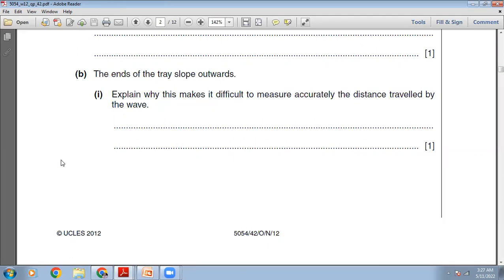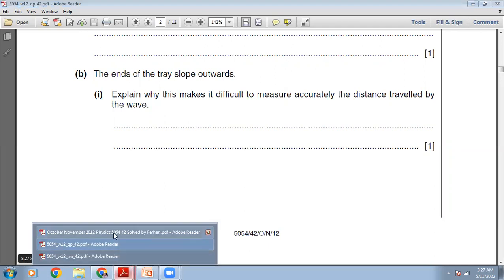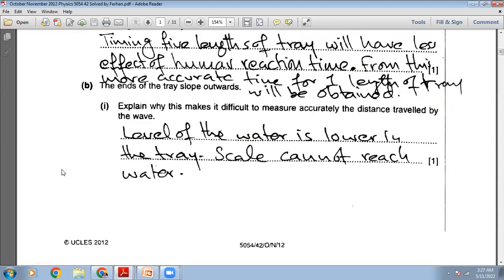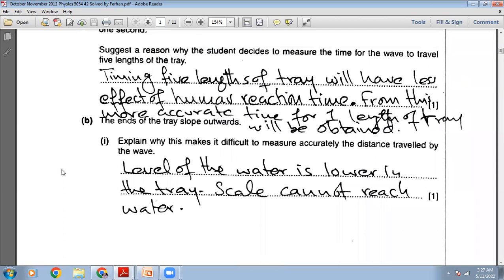So it becomes difficult for a meter rule to go into the tray, especially as the level of the water is low in the tray. So the scale will not be able to reach the water.